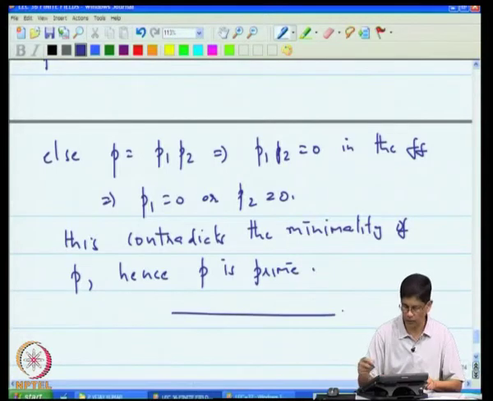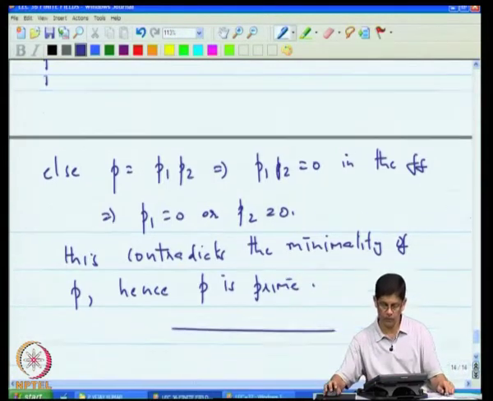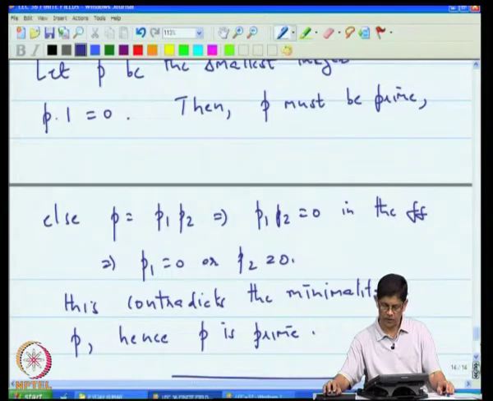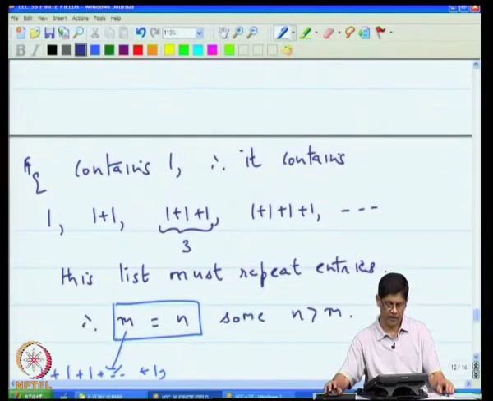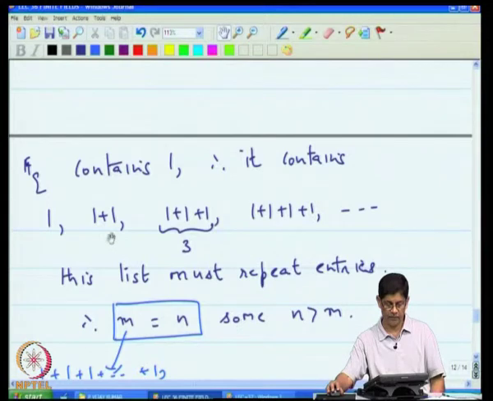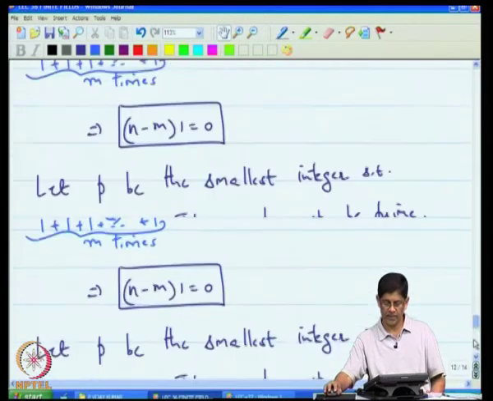Okay, so we have deduced the first fact about our finite field. The interesting fact that in any finite field of whatever size q, there is some prime number such that if you add the identity element to itself a prime number of times, you get 0. Okay. And we will just say that p is 0.